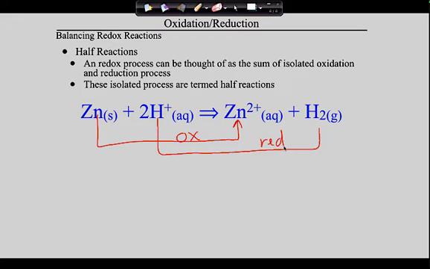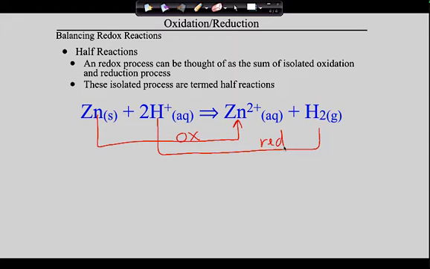What half reactions do is they allow you to identify the oxidation and the reduction separately. The thing that makes these different is that they are never subtractive. It's always plus electrons. So let's do our reduction half reaction first, because reduction is the gaining of electrons.